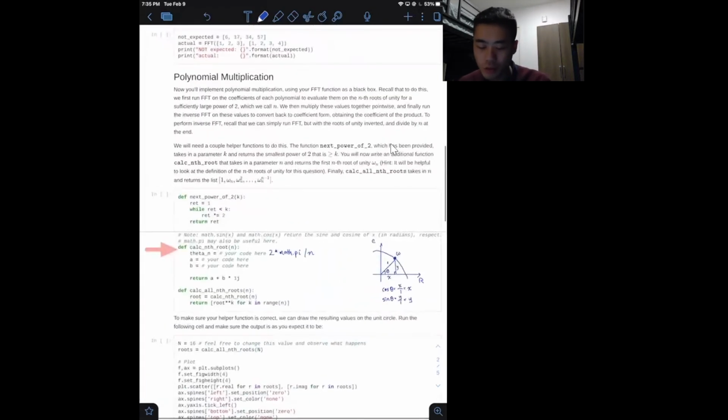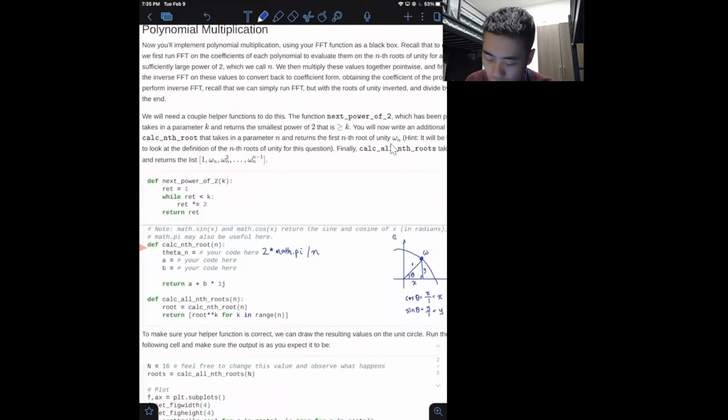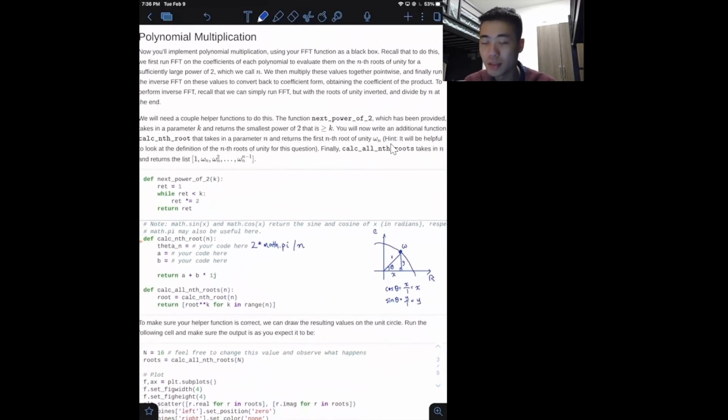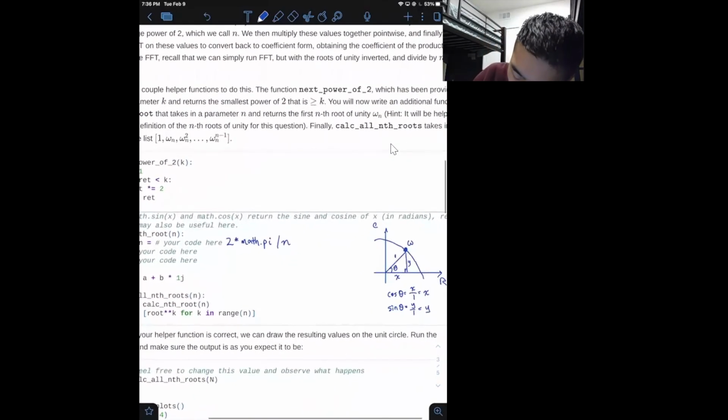So what you're asking us to do in this calc nth root function is return a representation of this nth root of unity in terms of its location on the x-axis and its location on the y-axis. We just saw that the x component, the horizontal component of this root of unity, is simply given by math.cos of theta n.